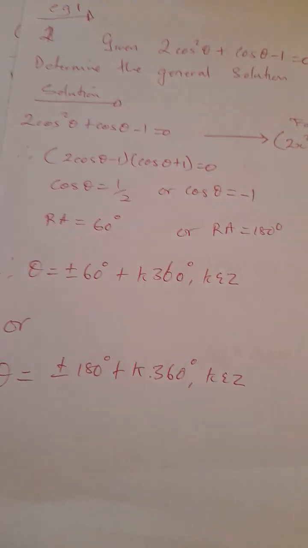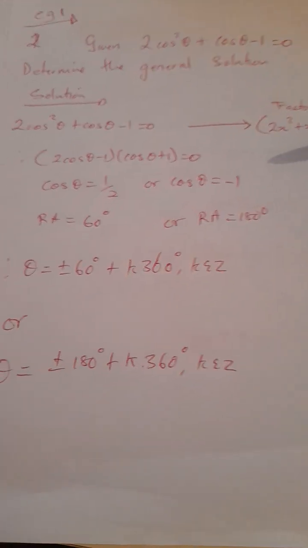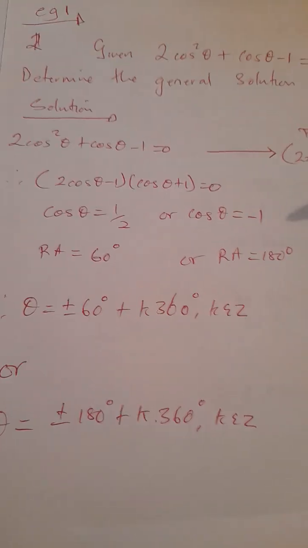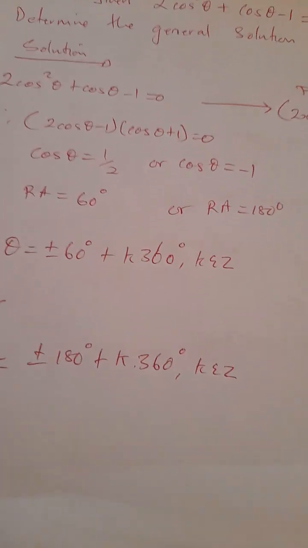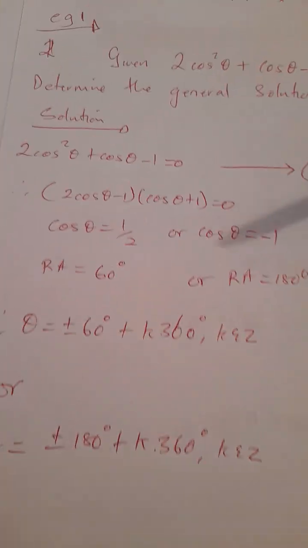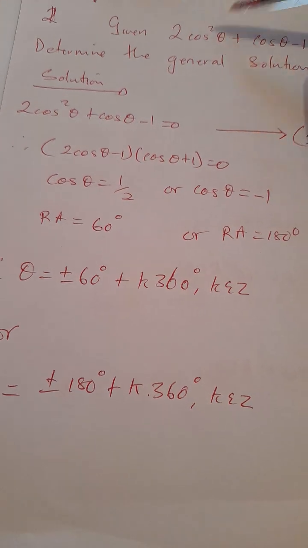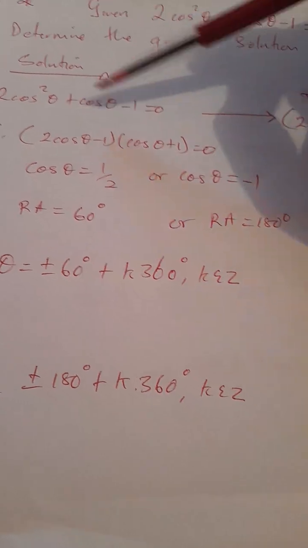At this level, you would have done your algebra, né? You know how to solve for x and how to factorize your quadratic expression of some sort. So now you are given 2 cos squared theta plus cos theta minus 1 is equal to 0. Now we need to factorize.